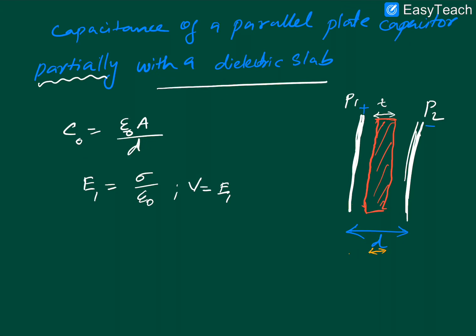So the effective distance in which air is present is the total distance minus the thickness in which the slab is placed. That will be D minus t, isn't it? In the D minus t region there will be air.